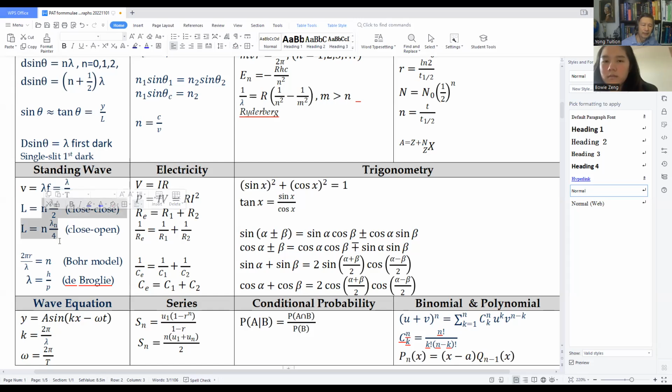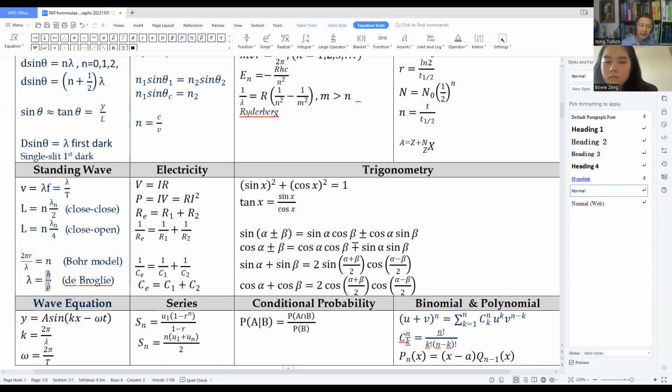Okay. And this is the Bohr model, so you can understand the Bohr model has different forms. This is the Bohr model written in terms of standing waves. In this case, the wave is called the de Broglie wave, the matter wave. The wavelength is determined by h divided by momentum.